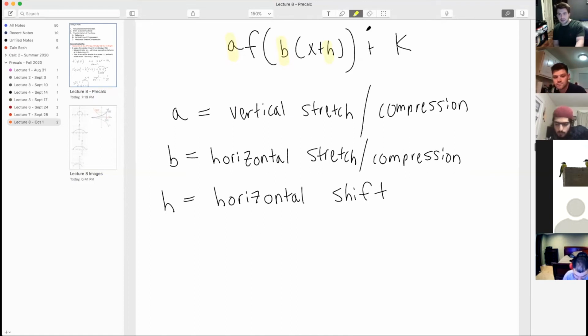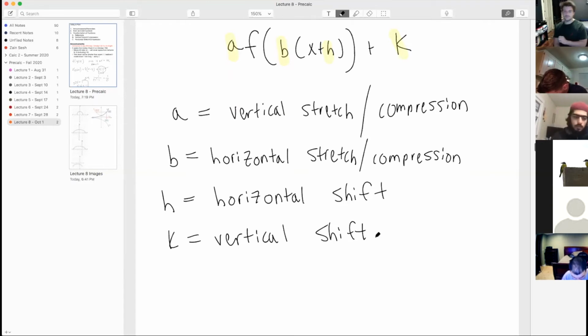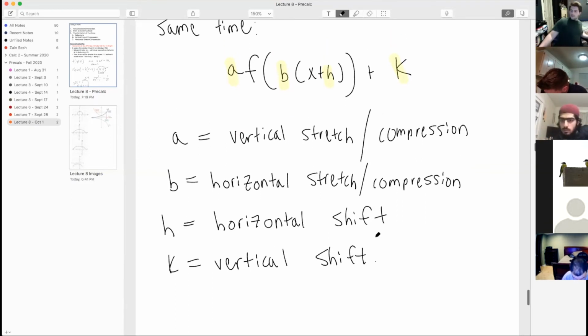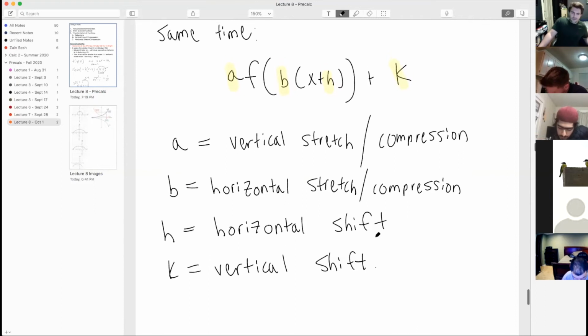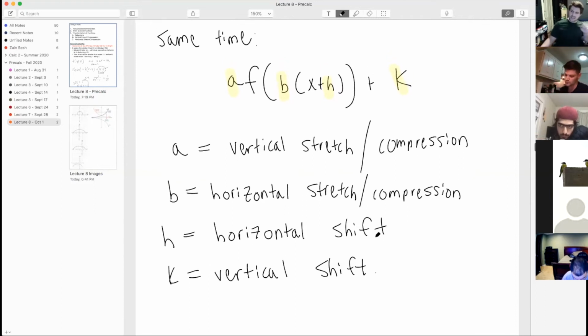And finally, our K, that's the vertical shift. I hope now that I have identified each letter and what it does, this is a little less overwhelming. This is just all of our transformations that we have spoken about, applied at once to the function f.